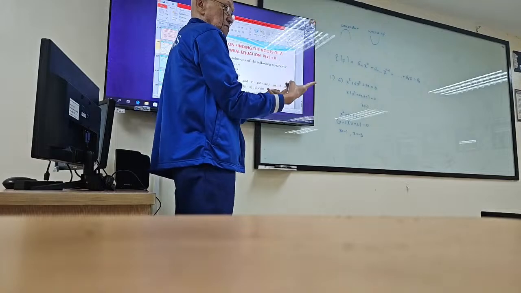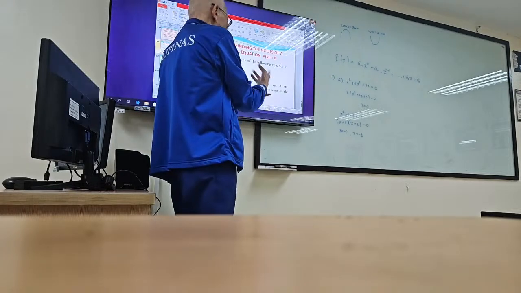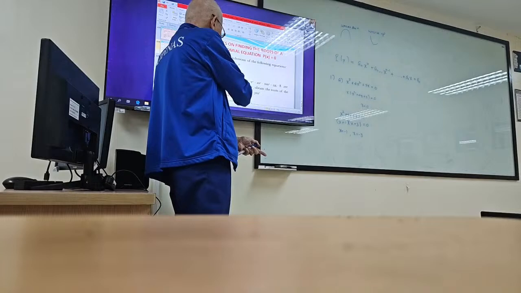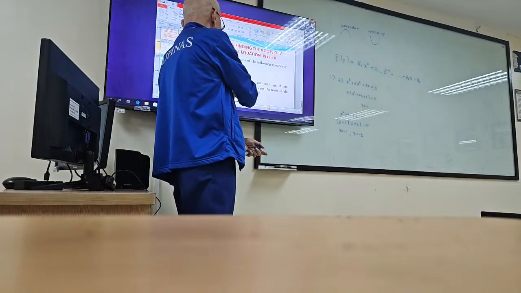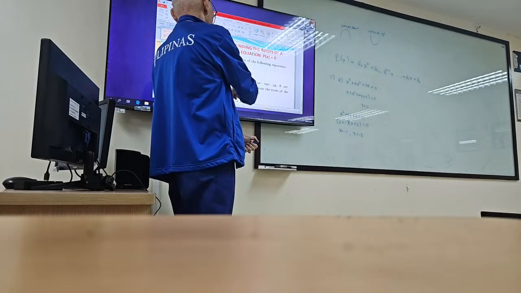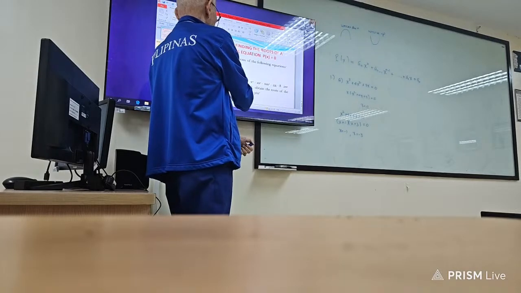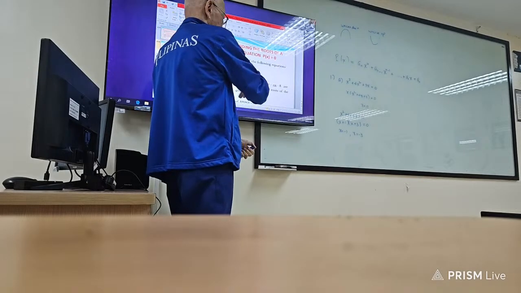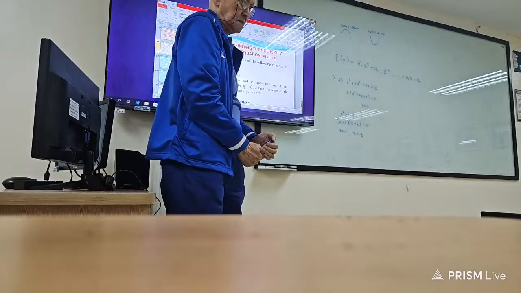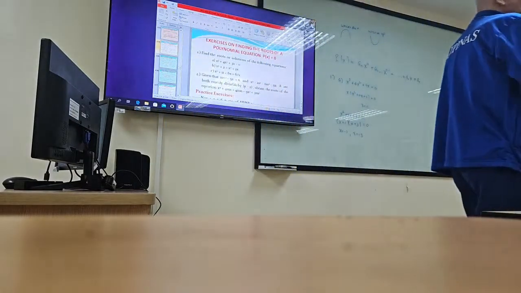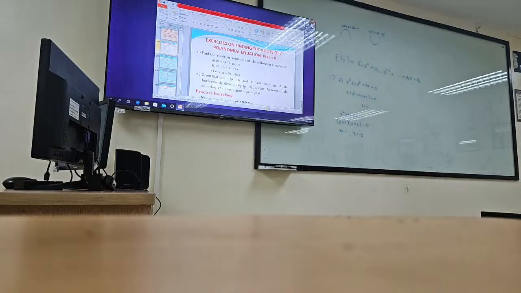So you get two equations, so you can solve for m and n. After solving for m and n, you put them here and obtain the roots of this equation. Put m and n here. Easy.